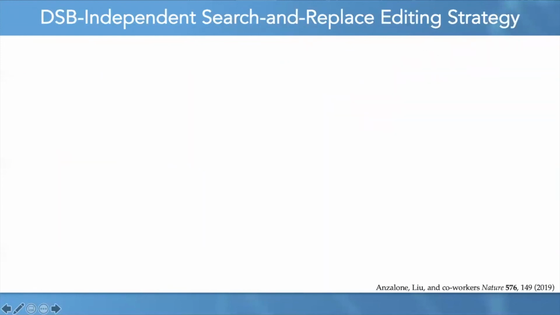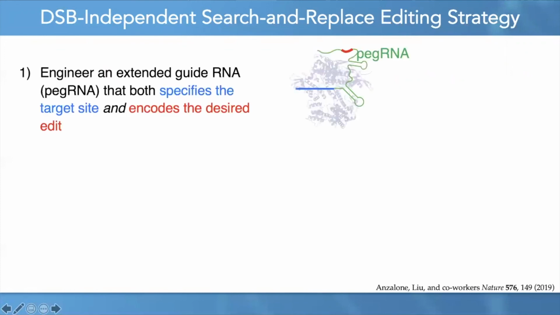Our group set out to develop a search and replace genome editing method that would not require double-strand breaks nor a donor DNA template. We envisioned using a special extended guide RNA, which we termed a prime editing guide RNA, or pegRNA, which would not only specify the target site, but also encode the desired edit information.